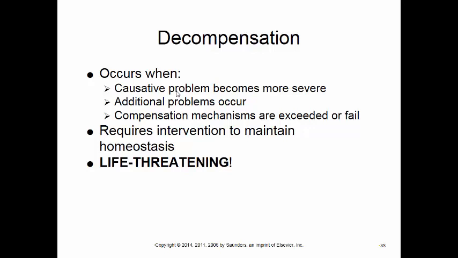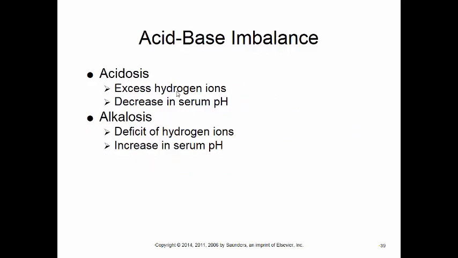But as long as the pH continues to lower and get more acidic, we can't breathe fast enough to get rid of the CO2. Then eventually we have decompensation, and this is life-threatening because we cannot maintain homeostasis. So acidosis is where we have excess hydrogen ions and low pH. Alkalosis is where we have a deficit of hydrogen ions and a higher pH.